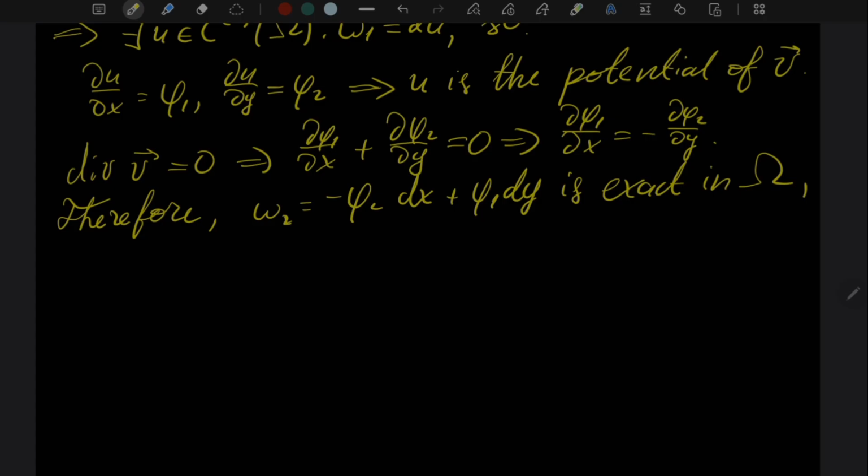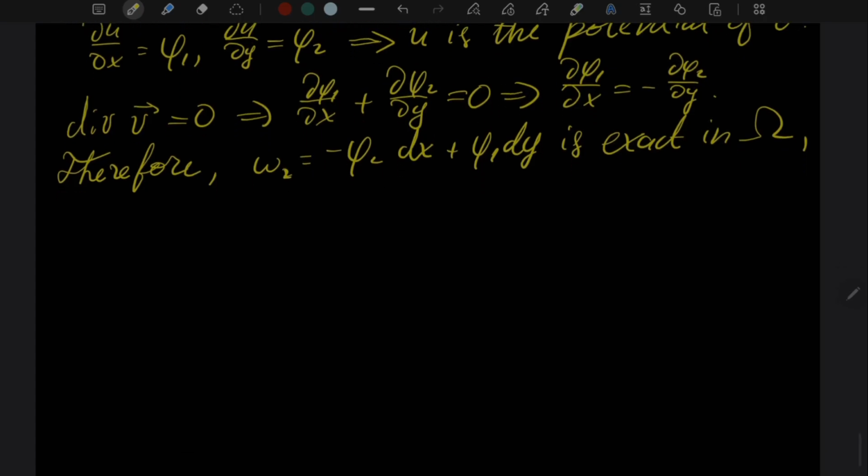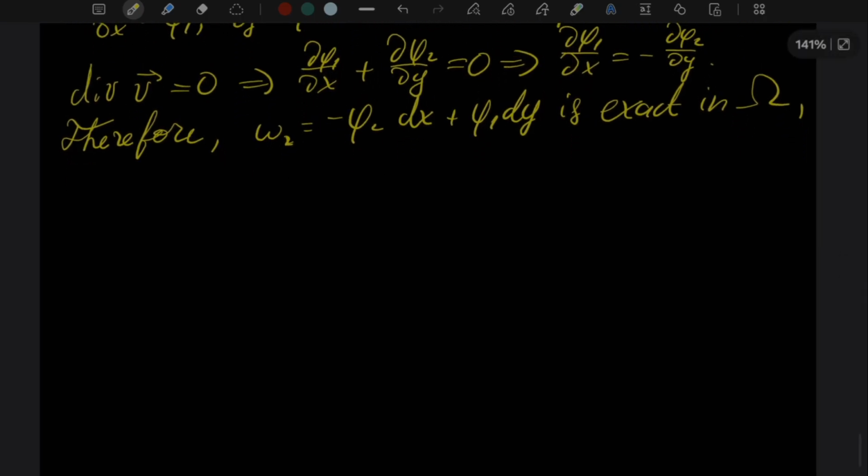Of course, it is exact in our domain omega, and it implies in the same way the existence, and here we call the function v.